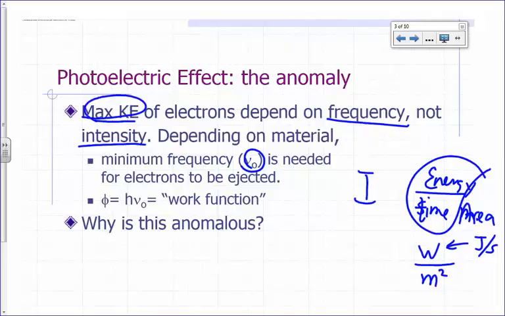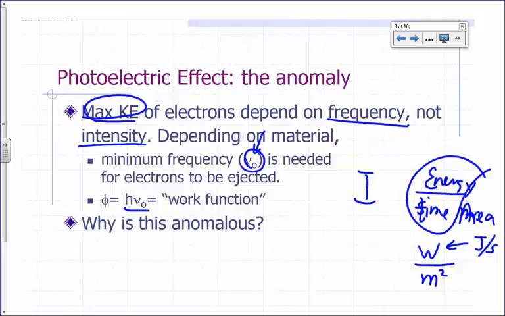Okay? So anyway, h times this threshold frequency here, nu naught, is now what we will call your work function. And we're going to understand later why it's called the work function. But what makes this anomalous is that instead of the kinetic energy of the electrons depending on intensity, it actually depends on the frequency.